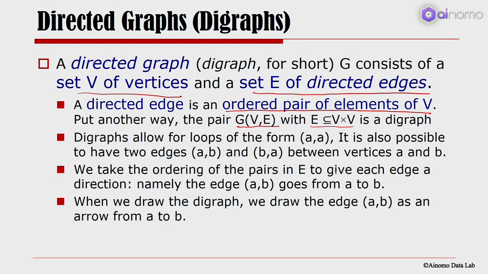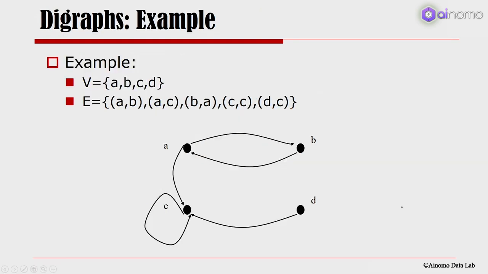The ordering of pairs in E gives each edge a direction, namely the edge AB goes from A to B. So here is an example of a digraph. I have a set of vertices A, B, C, D and pairs of edges AB, AC, BA, CC, DC. If these pairs are directed arcs rather than just edges as in the general graph, then what we have is a digraph.